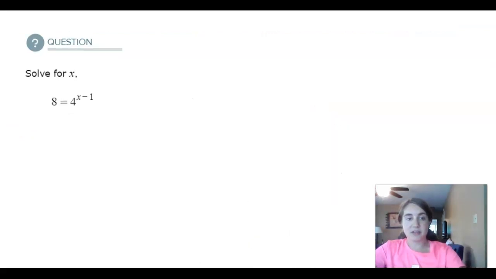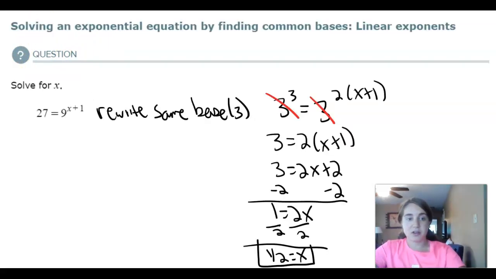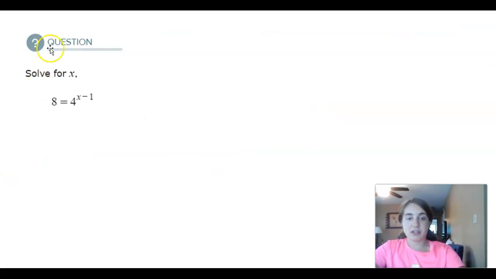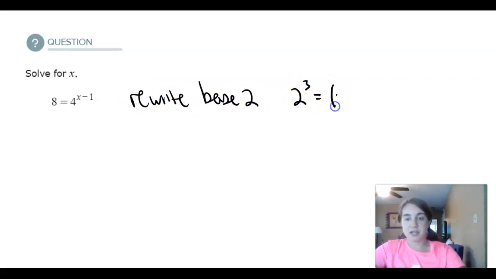We have the same idea here. We could have added the note: rewrite same bases, and then set exponents equal. So we're going to try that same process here. I can rewrite these both base 2. So 2 to the third is 8.